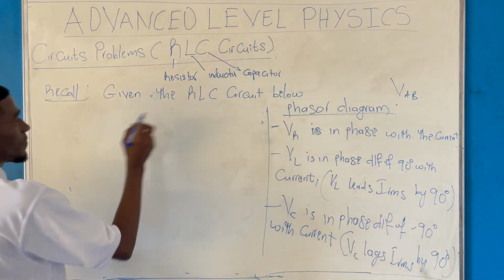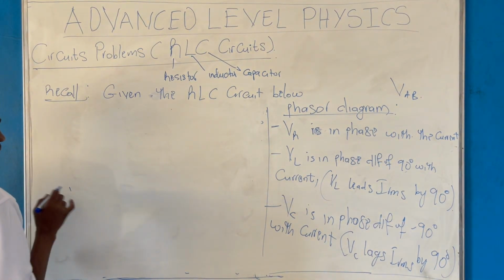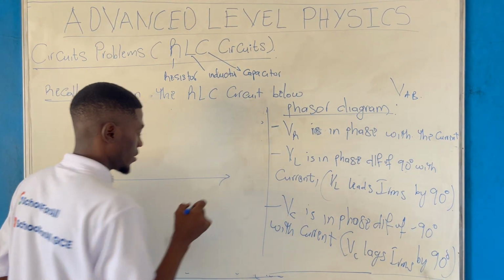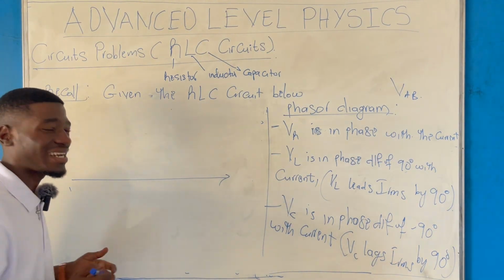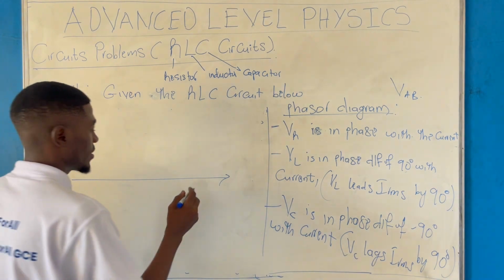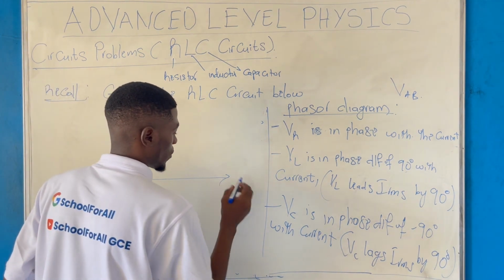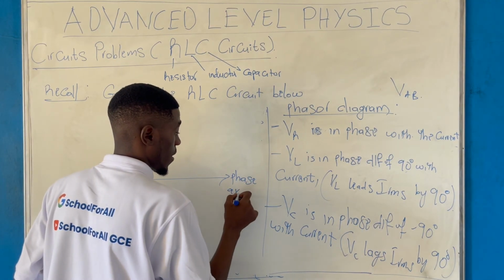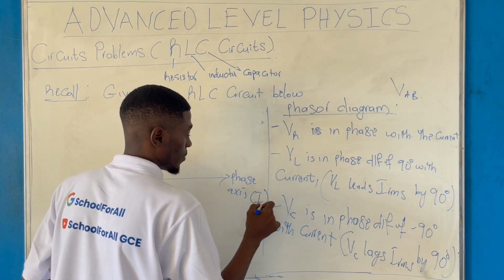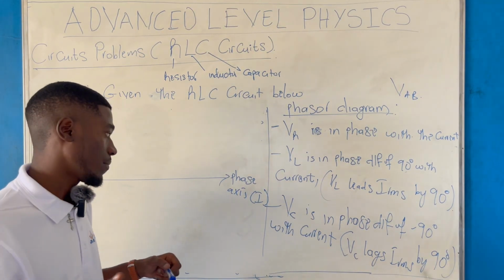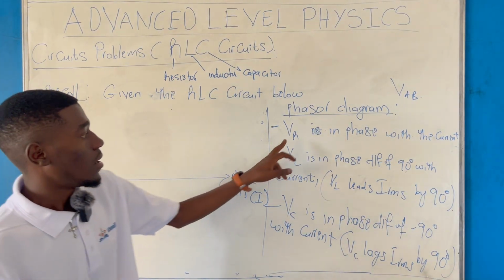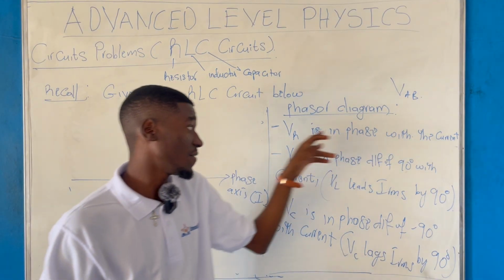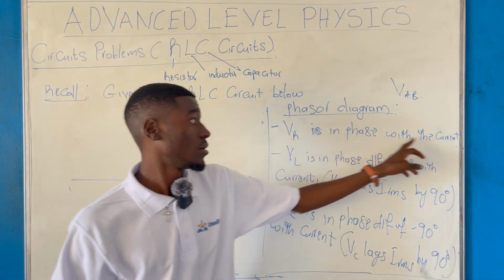Okay, so this is a phasor diagram. You should first start by choosing the reference axis. The reference axis here I will call the phase axis, and that phase axis represents the axis for current. How is VR with respect to the current?